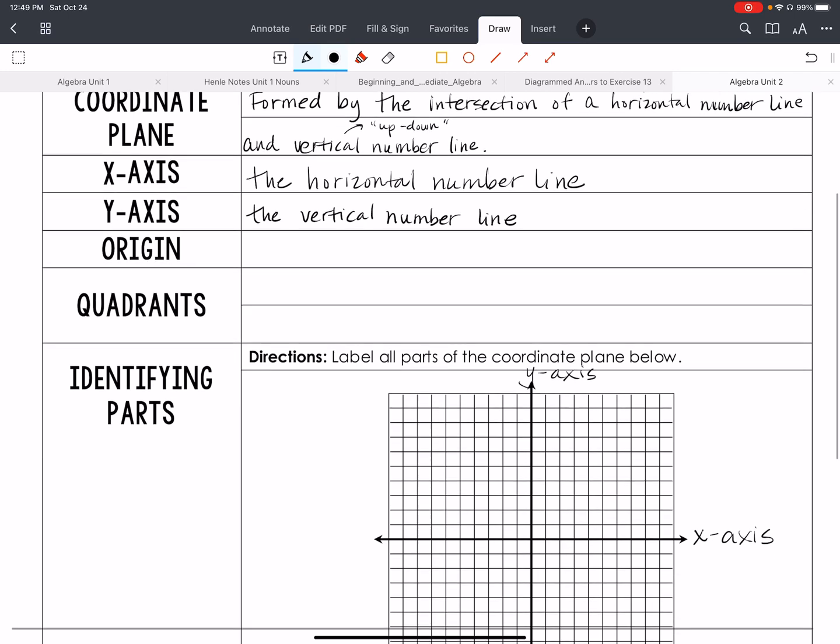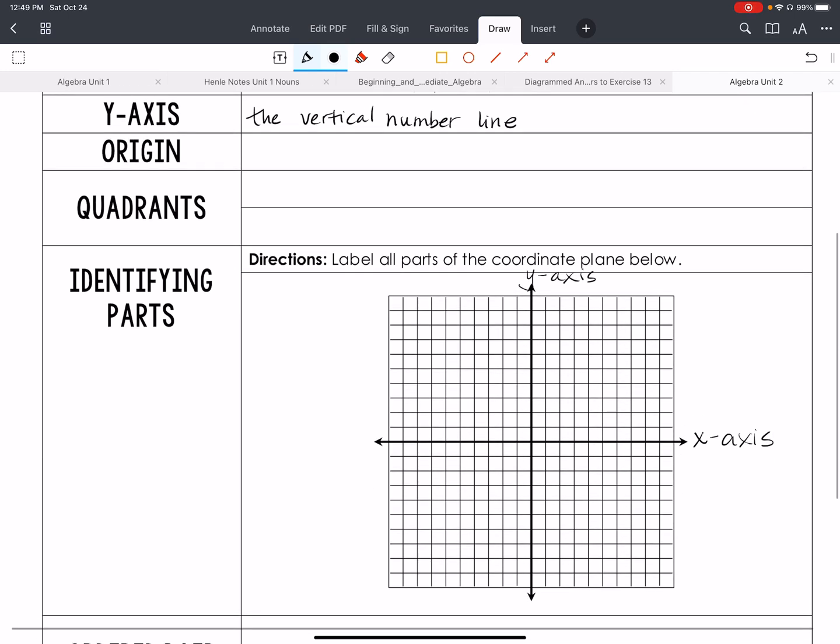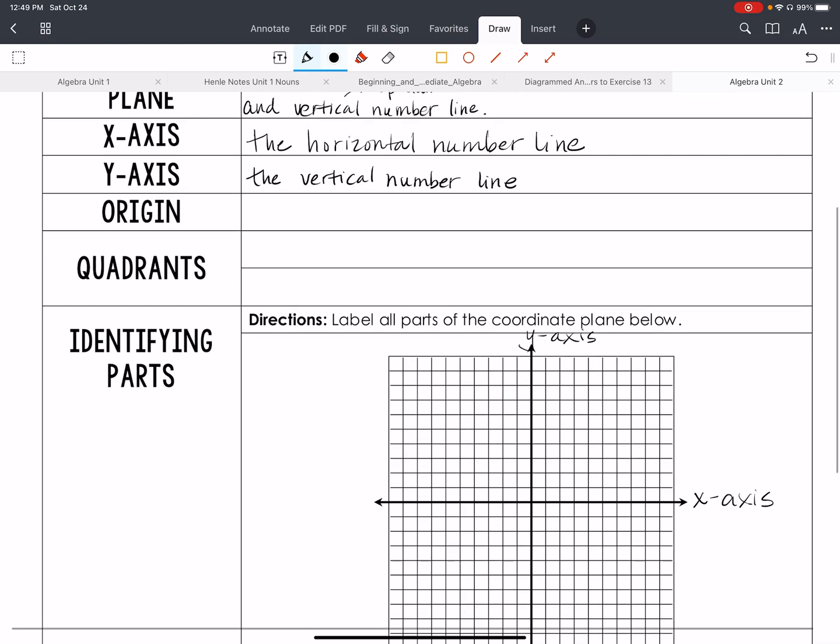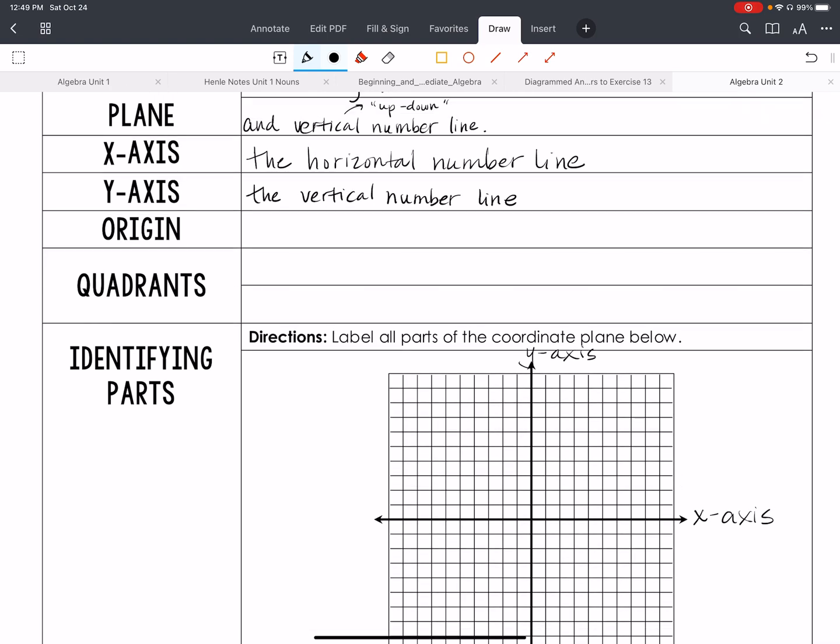Okay. And if it helps thinking about it, well, let's mark the origin first and then we'll go on. The origin is this section here. It's that crossing, it's that intersection. It has its own name.